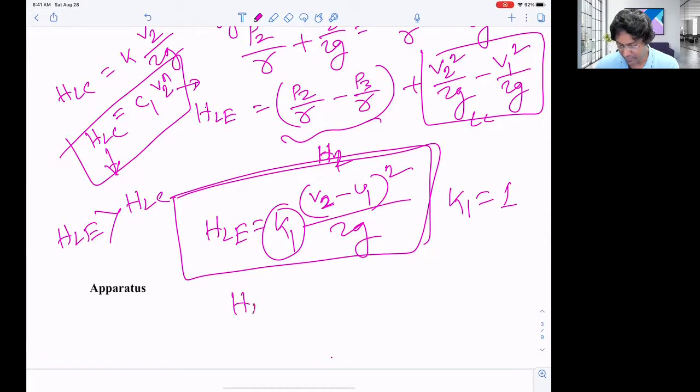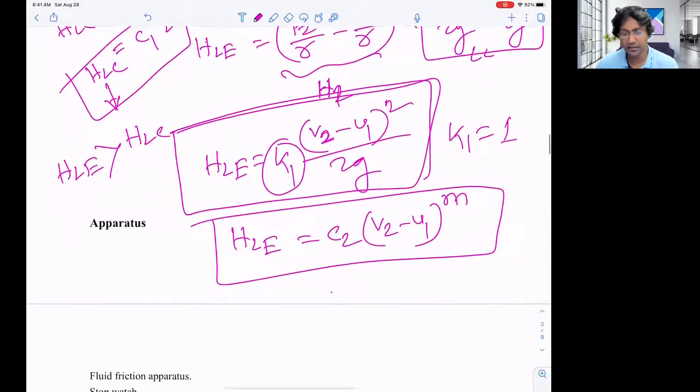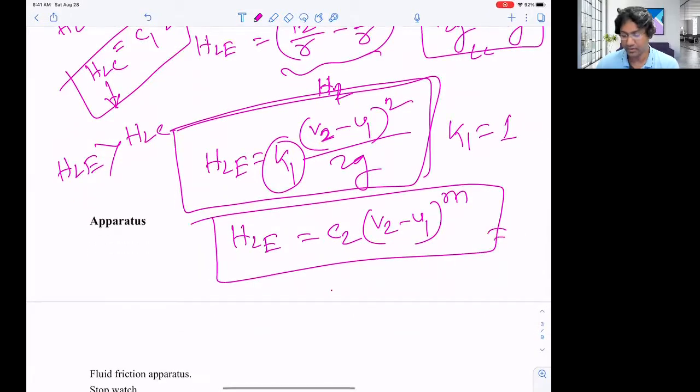So we can write that formula as C2 and V2 minus V1 to the power M, right? From this formula we can calculate M and C2 from log graph paper. So we'll plot HLE against V2 minus V1, and we'll calculate the slope and the coefficient C2.